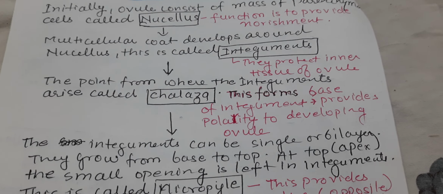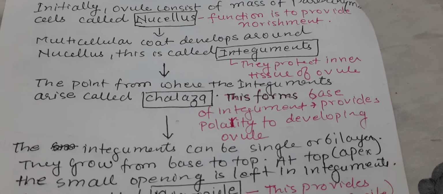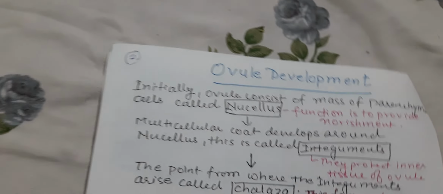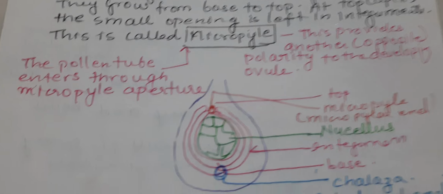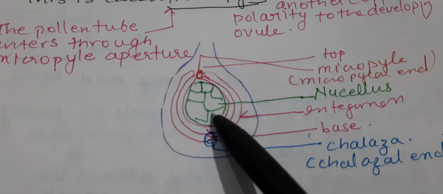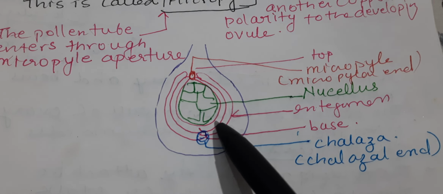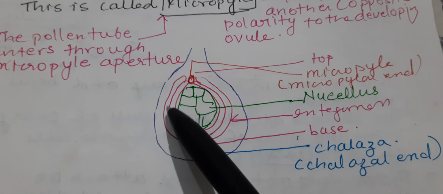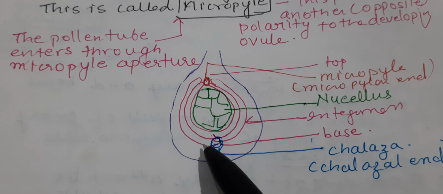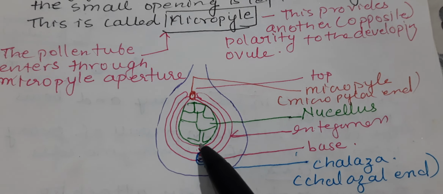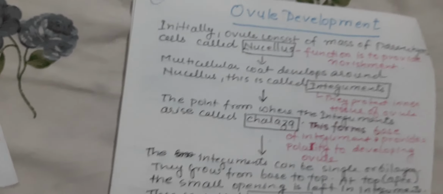The point from where the integument arises is called chalaza. So here in the diagram you can see these are the mass of cells called nucellus, and after that the layer which develops is called integument. This could be single layer or bilayer. Okay, and then you will see the point where the integument arises is called chalaza.